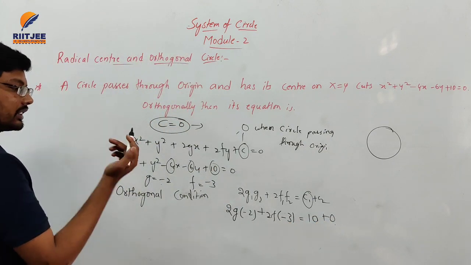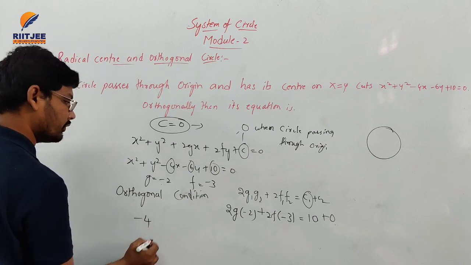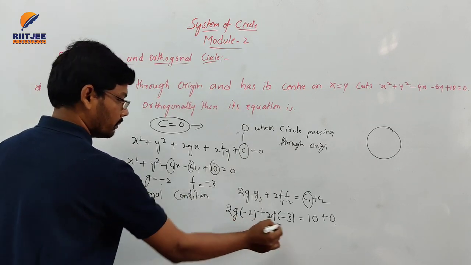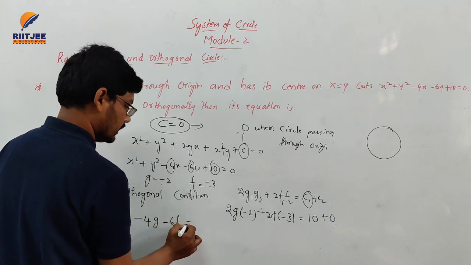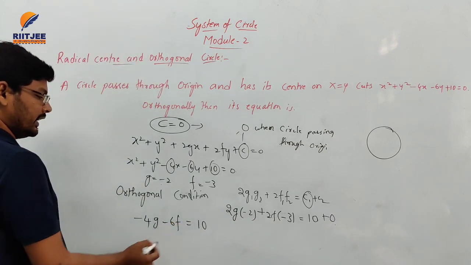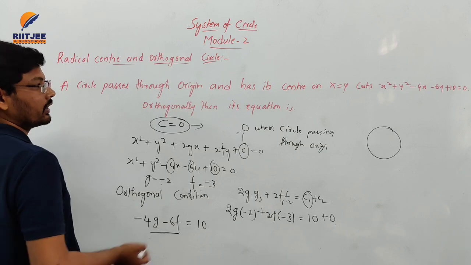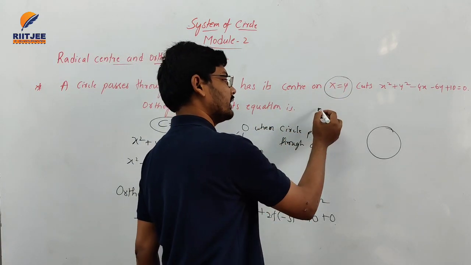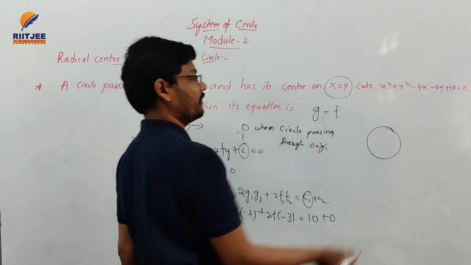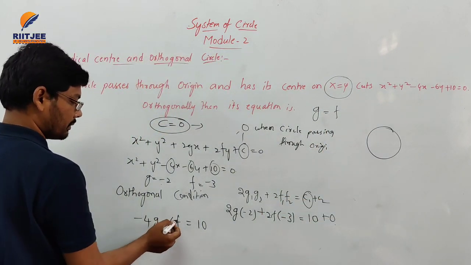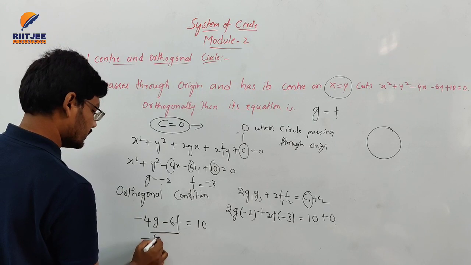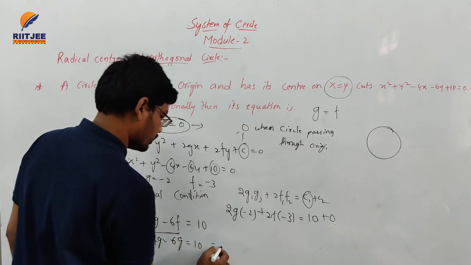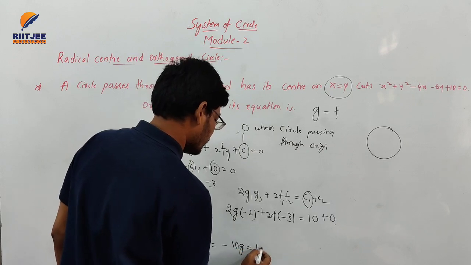So we don't know the g and f values. Minus 4g minus 6f is equal to 10. Here if you observe, the given equation is x is equal to y, that is nothing but g is equal to f. If you substitute g is equal to f, minus 4g minus 6g, so minus 10g is equal to 10.